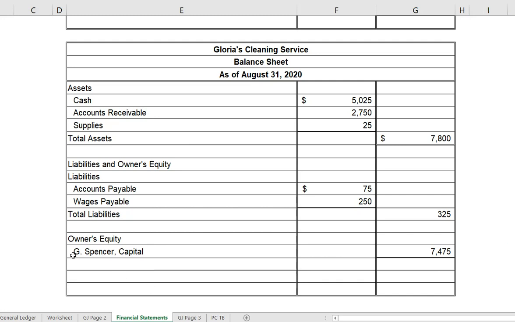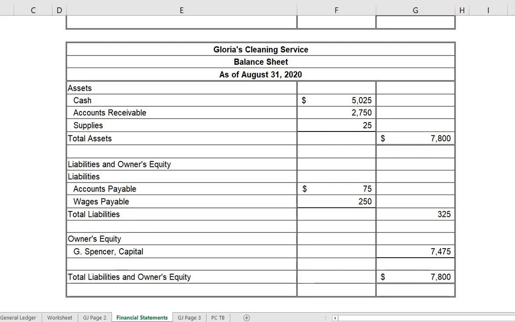So next we're going to have total liabilities and owner's equity, and that is going to equal this plus this, and we're going to copy that formatting, and our balance sheet balances. Pretty cool.